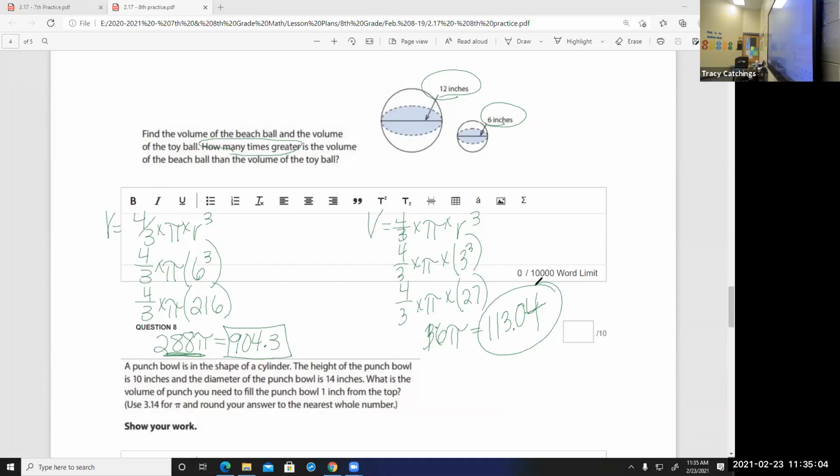They want to know how many times greater, so go ahead and divide it out. We'll just estimate 904 divided by 113. So then we'll say the beach ball is about 8 times greater.